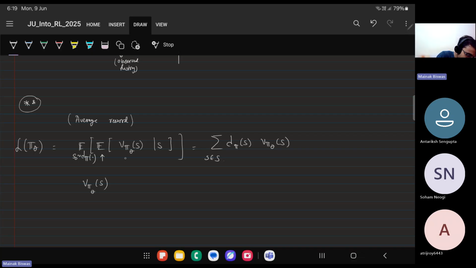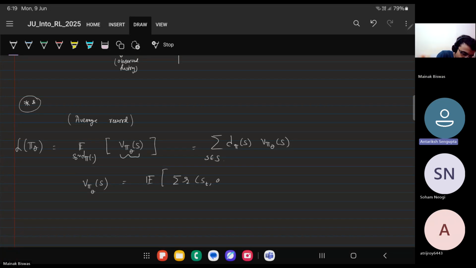So again, this is a function of S, that will be just pi theta of S. That is all fine. So I think I made a mistake. So this is just the expected value over pi theta. Because your V pi theta is defined as the expected reward, even if we took a double expectation, it's correct. It was constant.